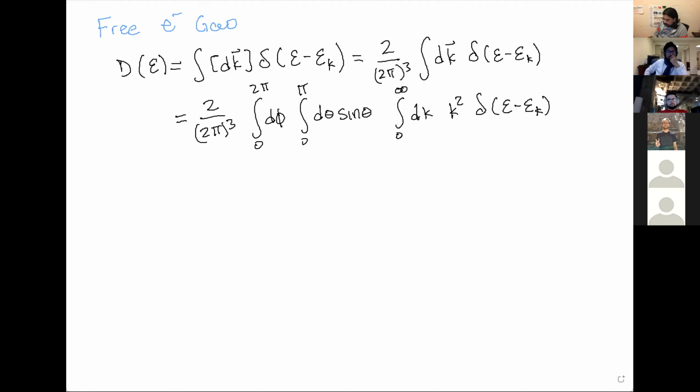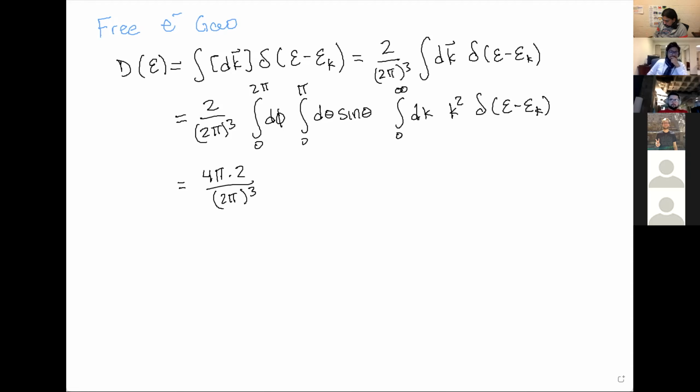All right, so now we can do the math right here. And we're gonna end up with 4 pi times 2 divided by 2 pi cubed. And at this point, I want to express K in terms of the energy.